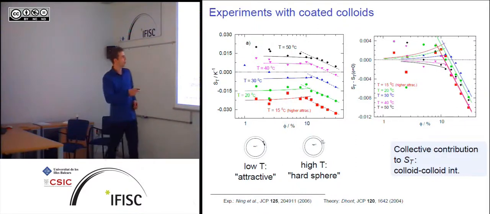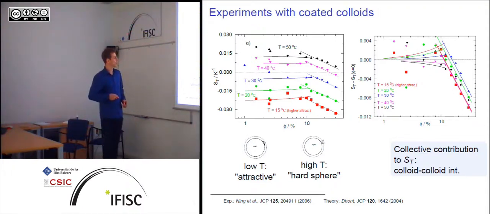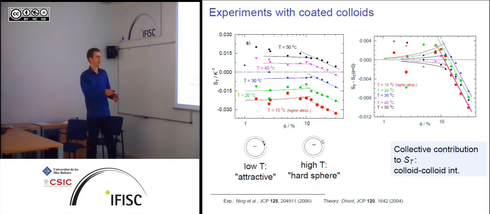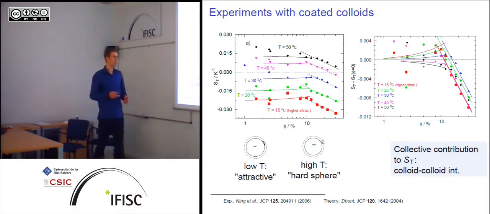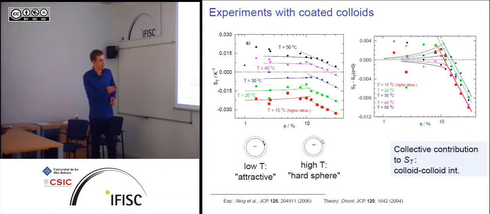And here we observe that the attractive colloids have a positive Thoré coefficient up to a certain volume fraction, and then they start to drift to the hot side of the system. And the hard sphere-like colloids have a negative Thoré coefficient, and then they also start to drift more strongly to the hot side of the system.